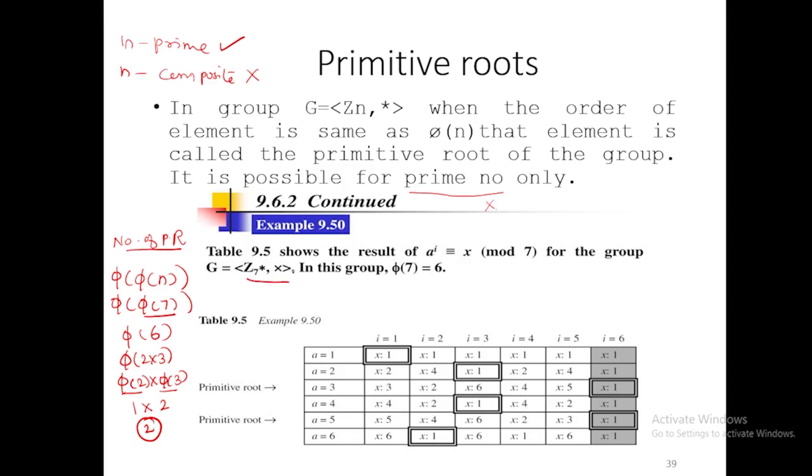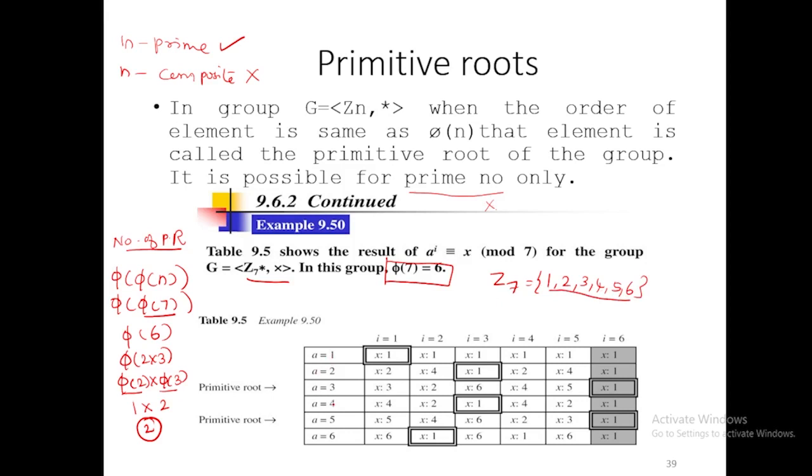So how can we check it? Before checking, you should find pi of 7. Then you write the elements. So Z7, totally 6 elements are possible. The elements are 1, 2, 3, 4, 5, 6. These 6 elements are relatively prime to 7.